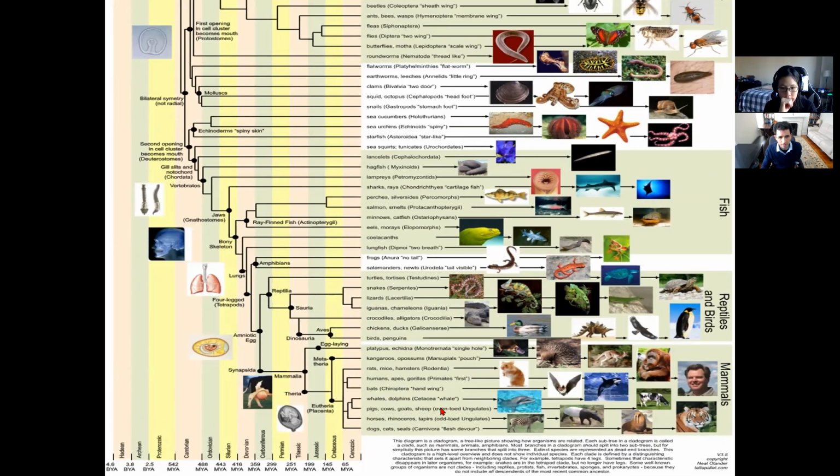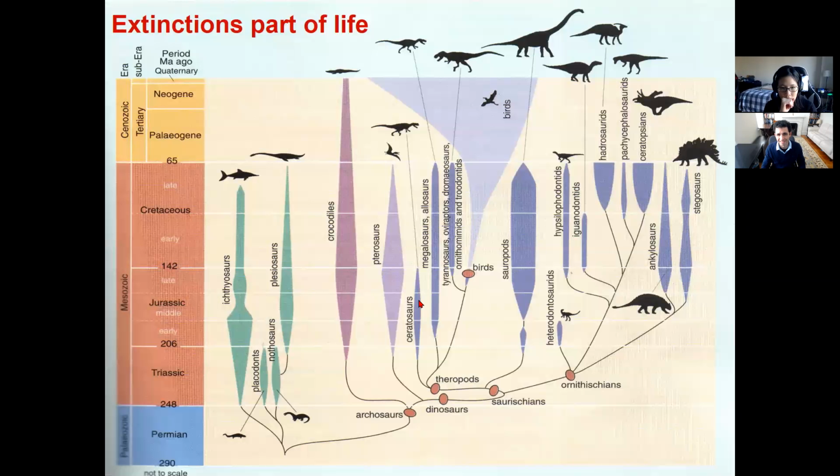And you can see these morphological similarities and the different evolutionary innovations that are demarcating each of these major lineages of life. But life is also full of extinction. So, here we are today.